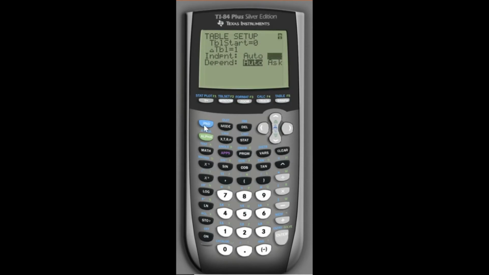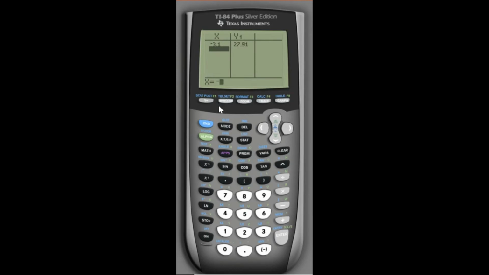Then I'm going to hit second table. And so it's giving me an x column and a y column. So now I can type in the x value that I want, and the first value on our table was -3.1, and hit enter. And it's telling me the y value is 27.91.